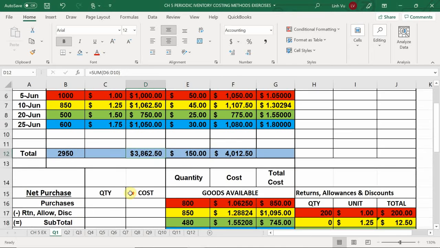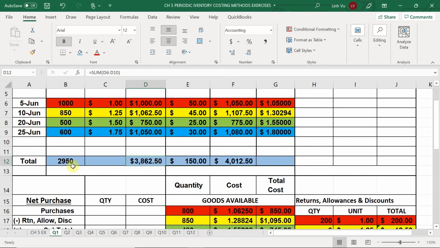Okay, so there you go. We bought a total of 2,950 units at $3,862.50. Our freight was $150, and our total cost ended up being $4,012.50. Okay. So that's just tallying that up.